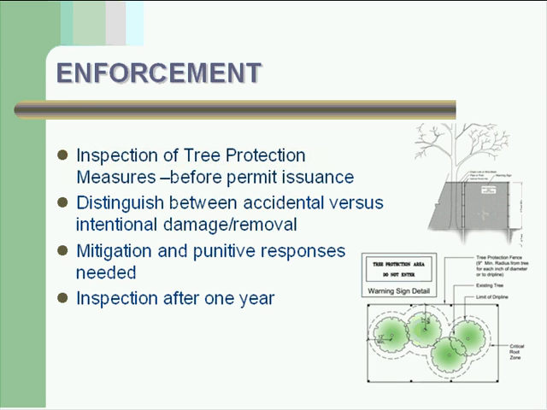Have some standards in your ordinance that help the city or your local jurisdiction determine differences between when removal has happened accidentally versus intentionally. It can be argued that if a developer or an applicant had knowledge that there was a tree removal permit requirement and they failed to obtain that, then obviously that was intentional removal, subject to some different standards and different responses from the jurisdiction.